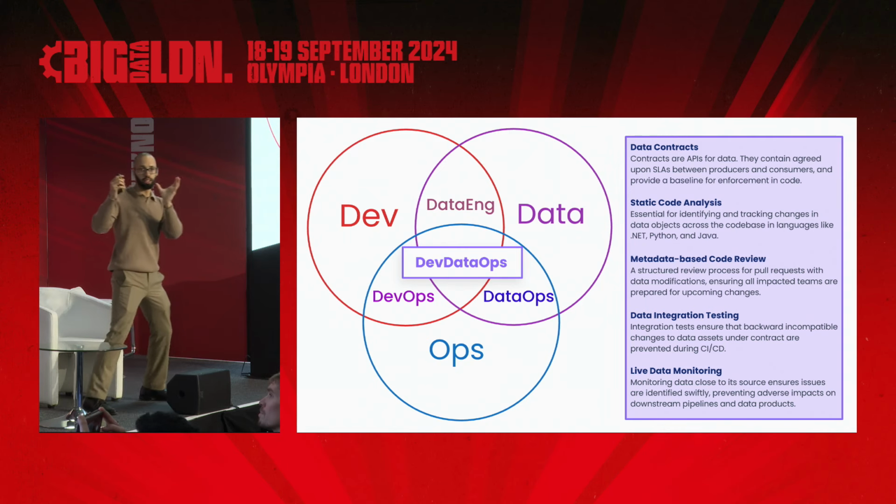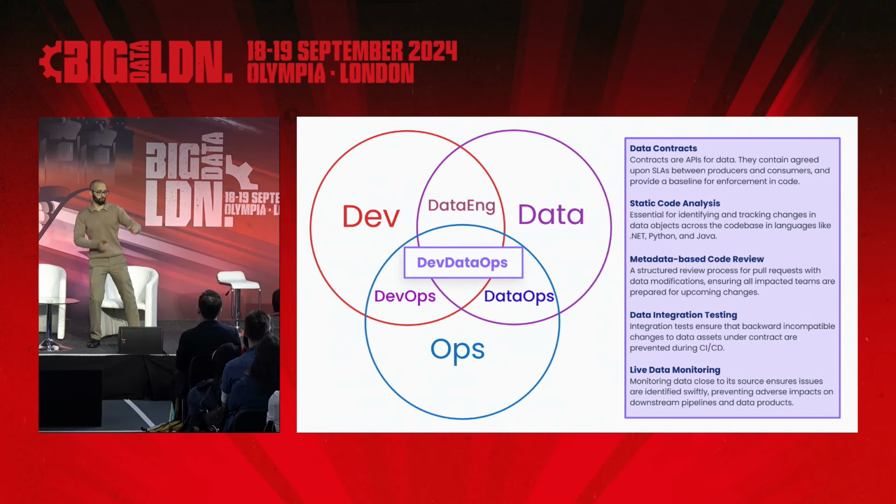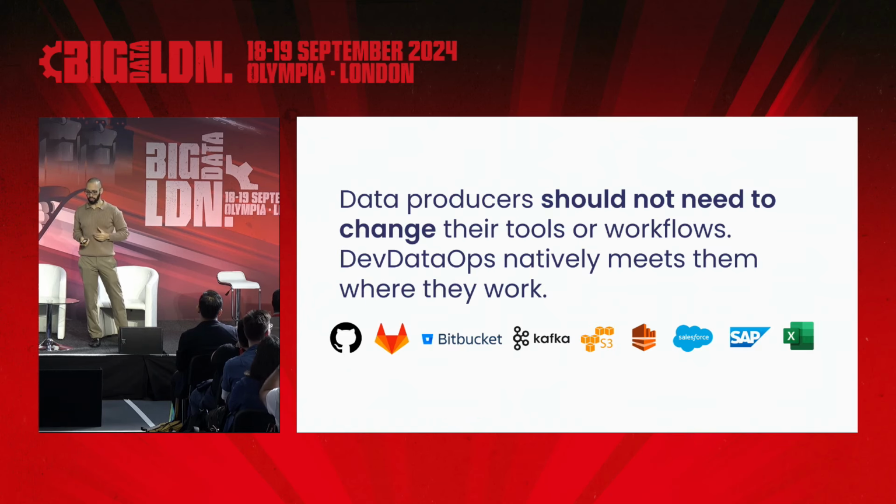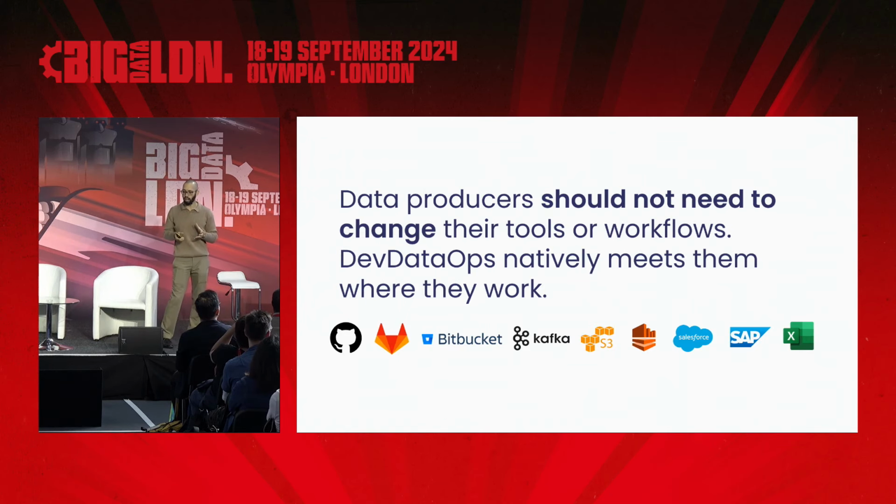So instead of that person who writes SQL reviewing Java code, you're actually reviewing the metadata, the context of what's changing over time. Integration testing and unit testing, and also monitoring that is closer to the source and not just reactive at the analytical layer.